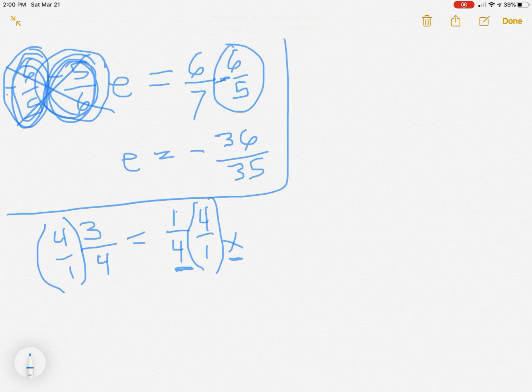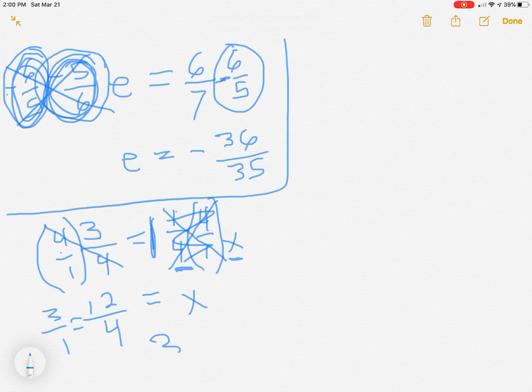It's because in multiplication, if it's the same on the top and the bottom, it just multiplies out and becomes 1. So this becomes 1. 1x is the same as x. And then on this side, 4 times 3 is 12, and 4 on the bottom. Or I could have crossed those out and put 3 over 1, which is the same as 3 is equal to x. Right? 3 over 1 equals 3.